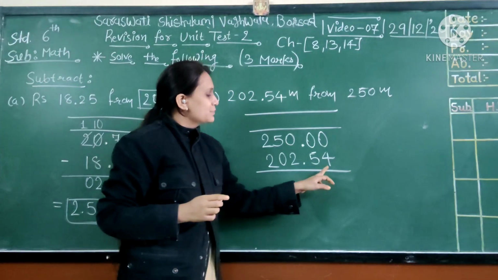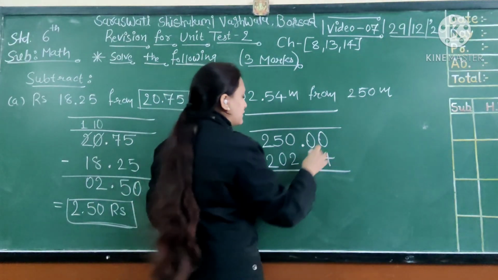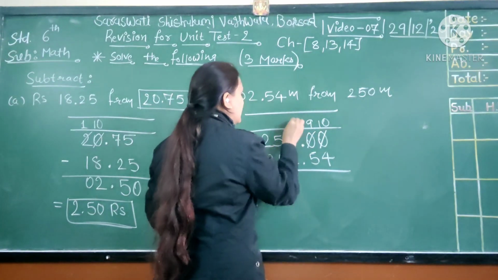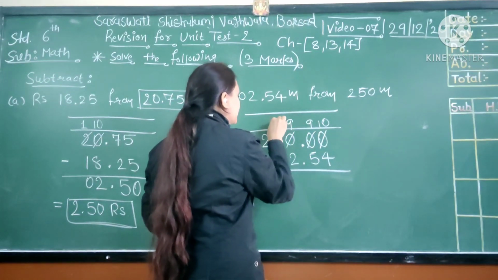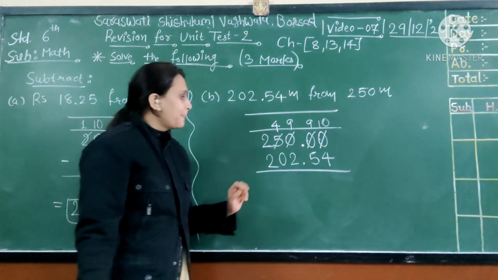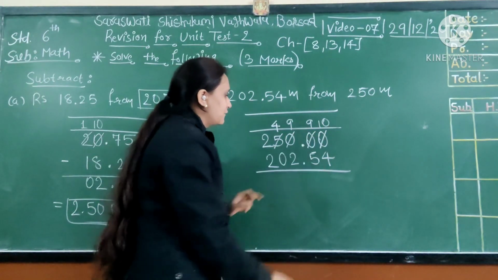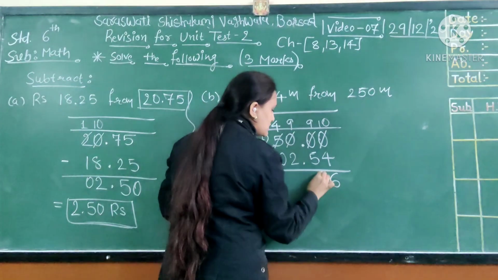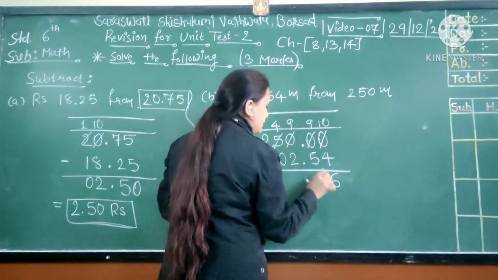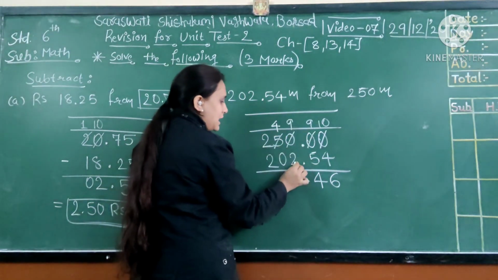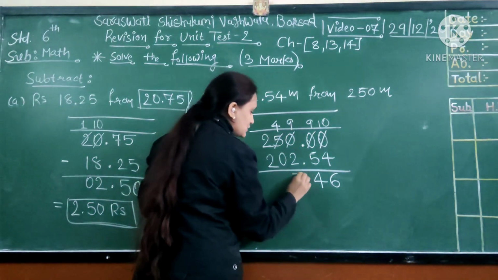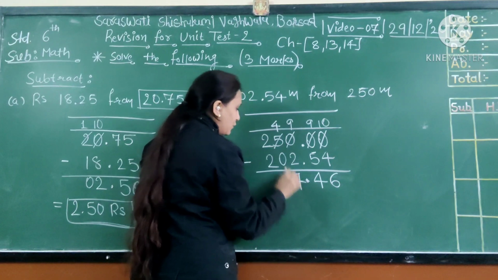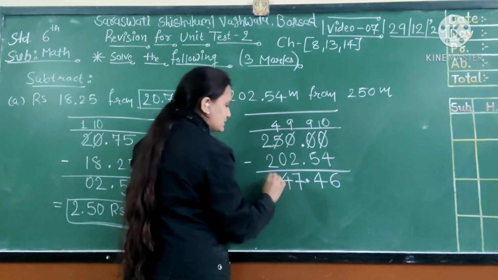Now let us start the subtraction here. We cannot subtract 4 from 0, so we have to take borrow. So here 10, here 9, again here 9 and here 4. So now 10 minus 4 equals 6, 9 minus 5 equals 4. Then after the decimal as it is, 9 minus 2 equals 7. 4 minus 0, 4. 2 minus 2, 0.